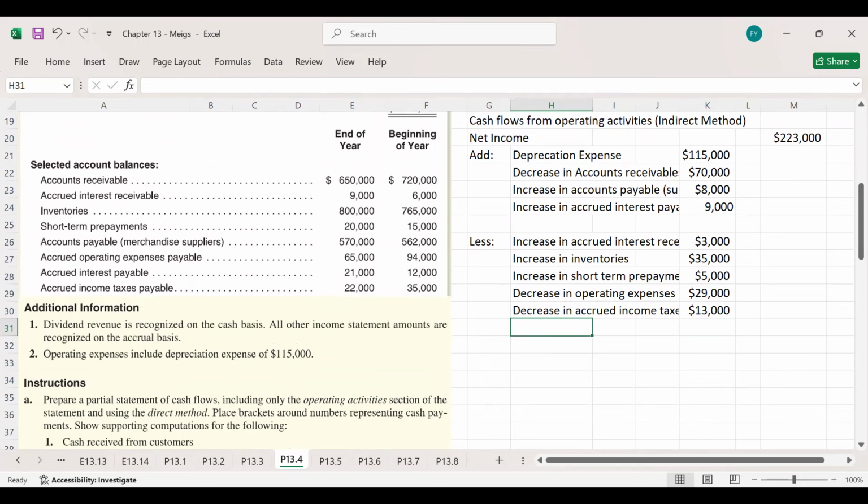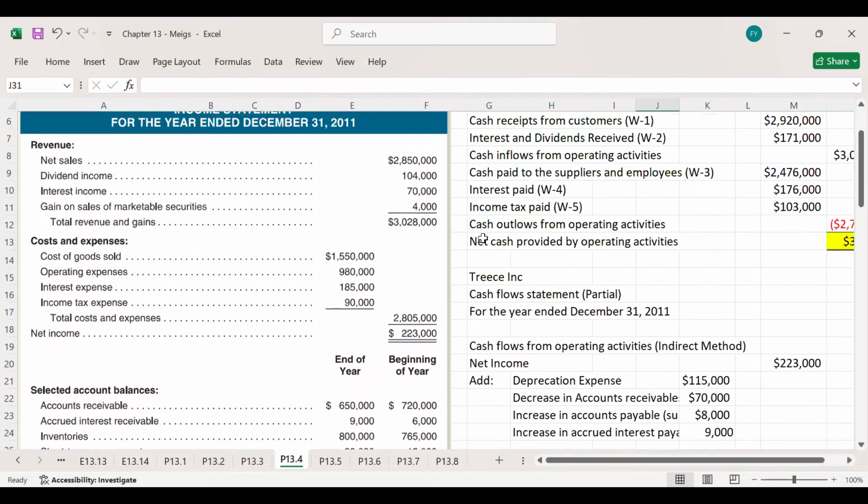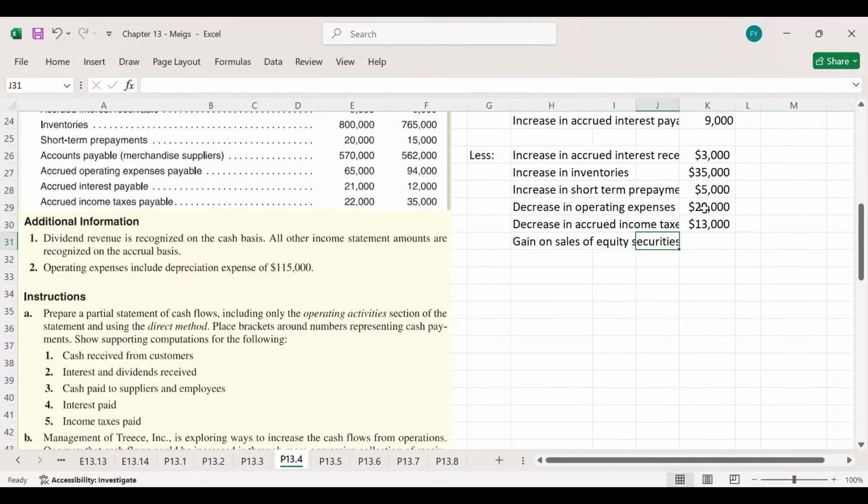So we are going to deduct the non-operating gain, which is the gain on sale of equity securities. The gain is 4,000. So we are going to deduct it, $4,000.